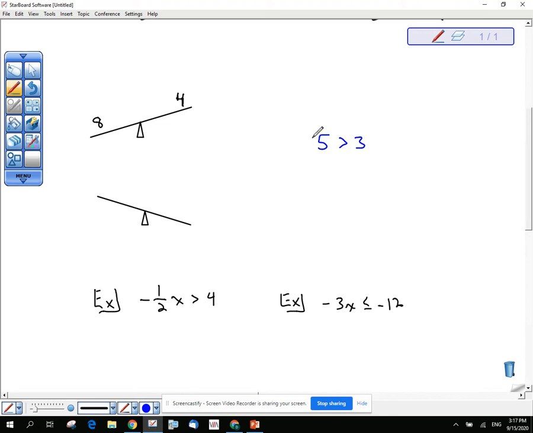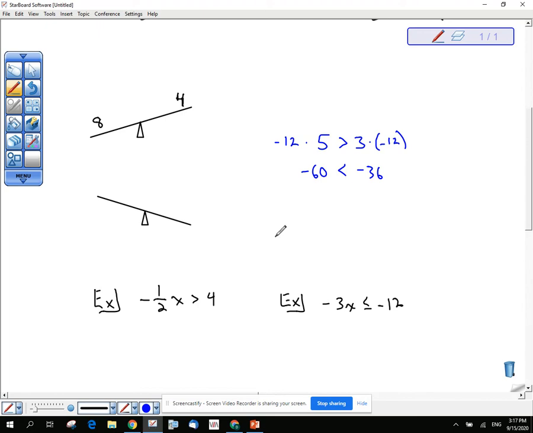But if I multiply or divide by a negative number, and you can pick any number you want, if it's negative, I'll pick negative 12. If I multiply by negative 12, what happens? This becomes negative 60, this becomes negative 36, and now you have the opposite symbol, right?